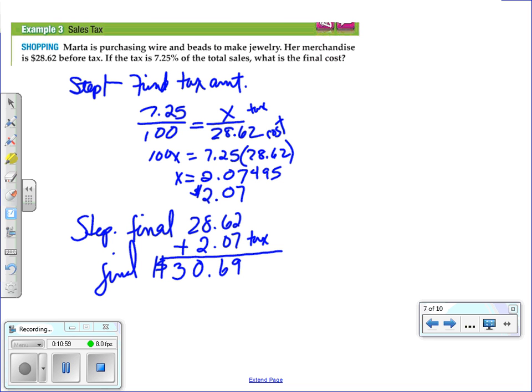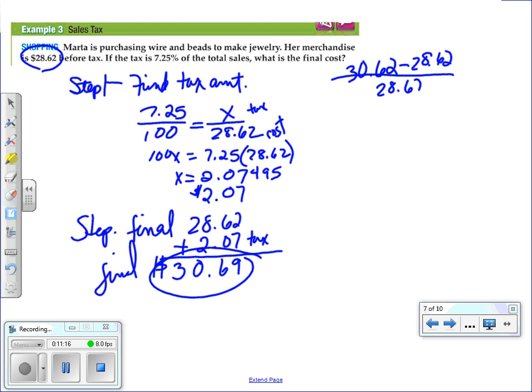Let's find the percent of change. The original was 28.62, right? And here's the final. So the final 30.69 minus the original 28.62 over the original 28.62 is equal to x over 100. So what's $30.69 minus $28.62? Do we have to find?